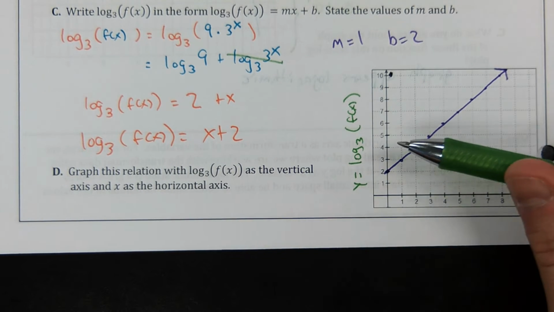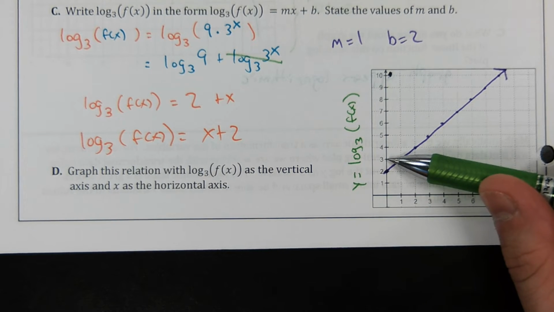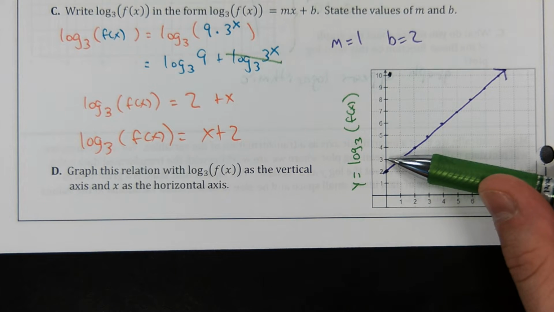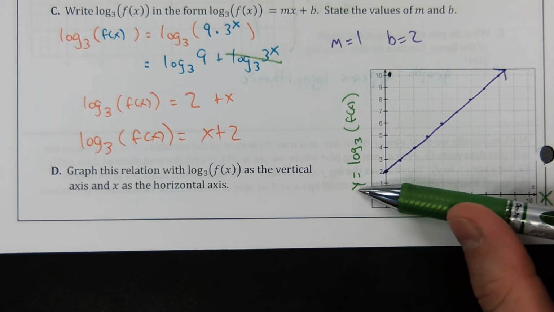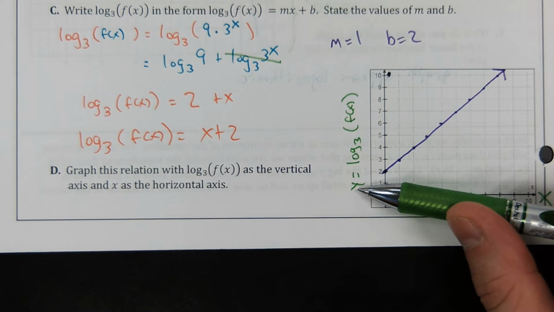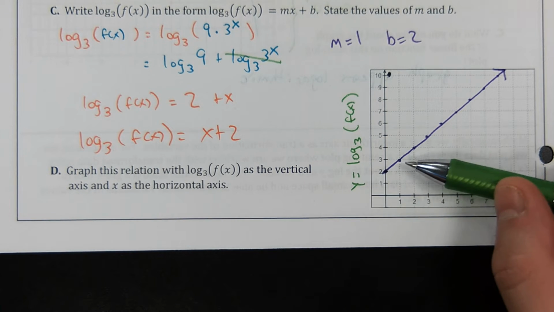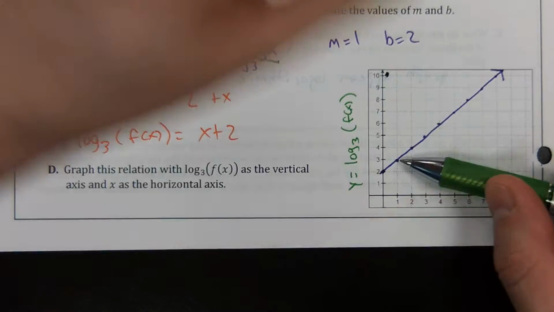For example, right here, this says log base 3 of our y value gives me 3. So you put a 3 here, use exponential base 3 on both sides, you find out that your true y value there is 27. Your true y value is 27 when x is 1. Hey, look!